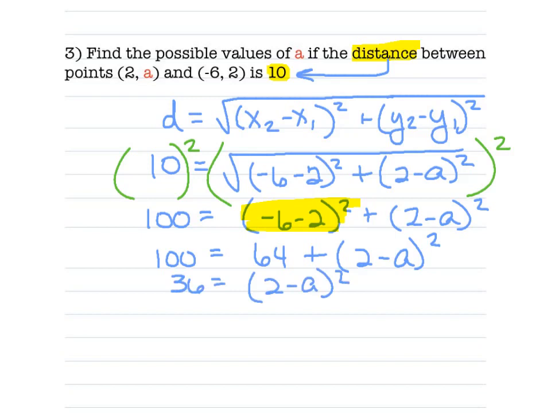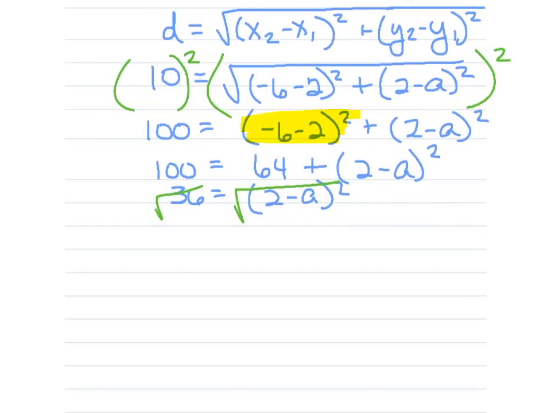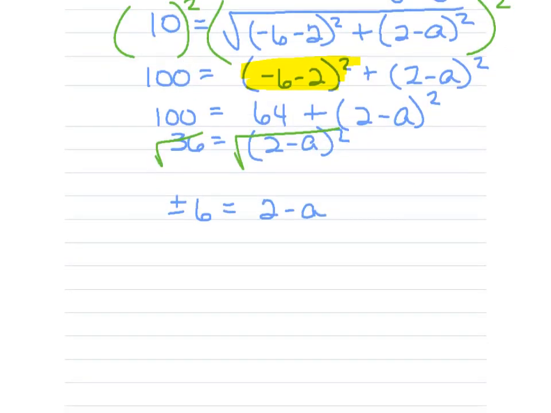Okay, now I can get rid of the other grouping symbol by finding the square root of both sides. The square root of 36 is positive or negative 6, equals 2 minus a. So let's solve for both scenarios. 6 equals 2 minus a, and -6 equals 2 minus a.